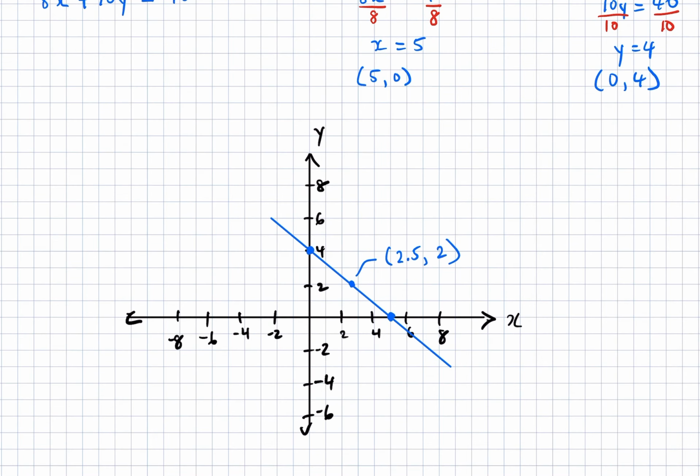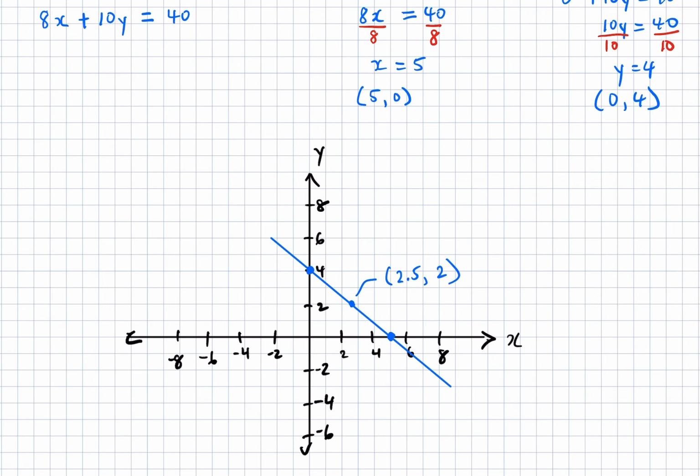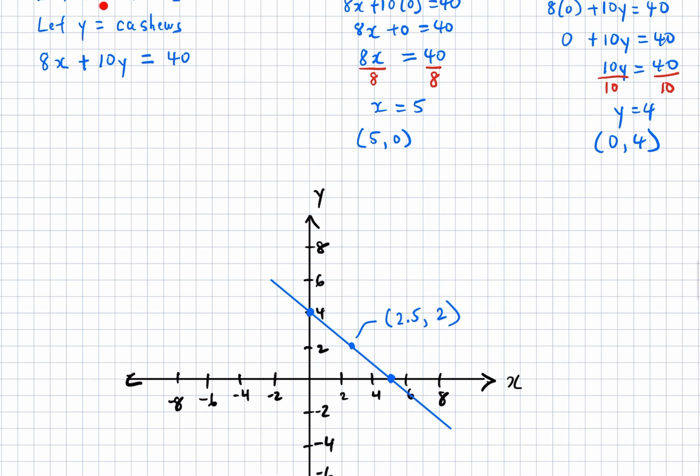Well, what does 2.5 represent? 2.5 is my x value, and we said that x is my almonds. So this means we're going to want 2.5 pounds of almonds, and 2 is my y, and we said y is our cashews, so we're going to want 2 pounds of cashews.